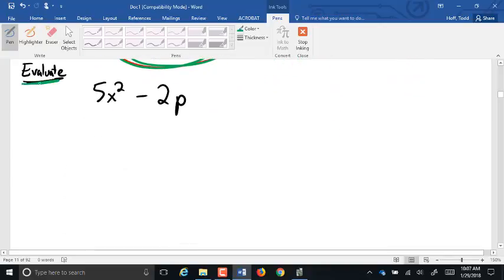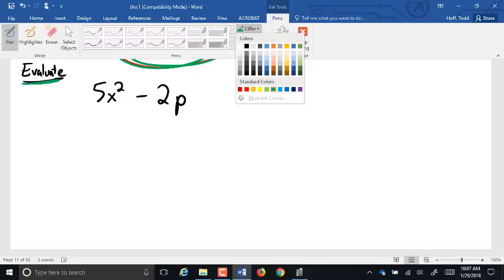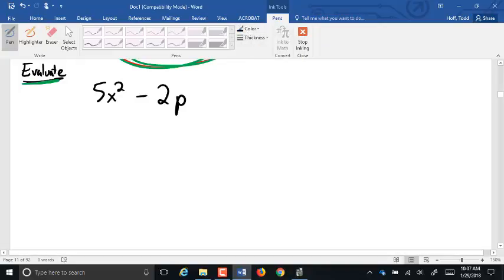When we're given this command to evaluate, our answer better be a single number when we're done. Now to evaluate 5x minus 2p, I have to be given values. So let's say we're asked to evaluate 5x minus 2p for m equals 3 and p equals 5.